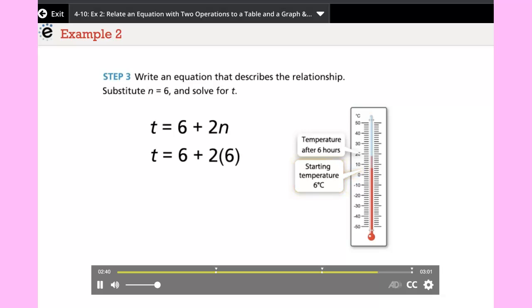Now substitute 6 for N and then solve for T. Multiply 2 times 6 equals 12 and add 6 plus 12 equals 18. Once more, the temperature was 18 degrees Celsius after 6 hours.